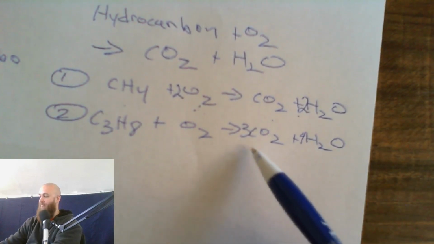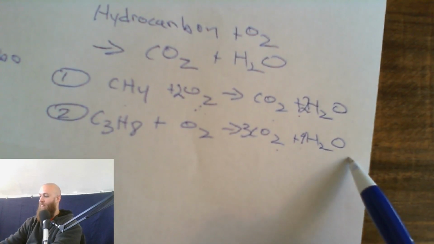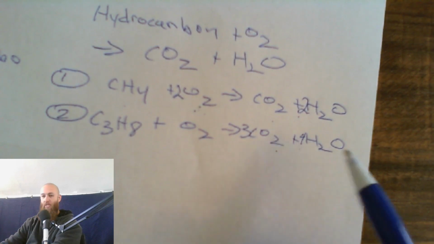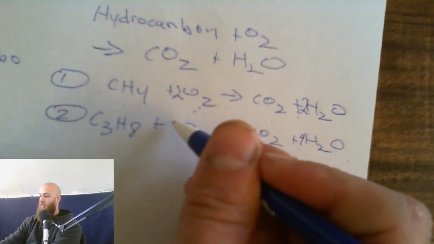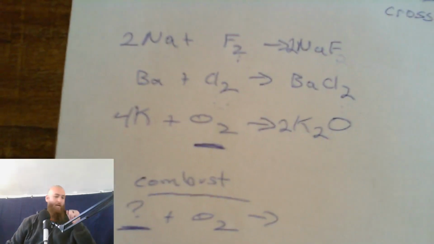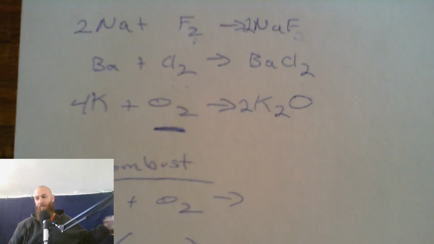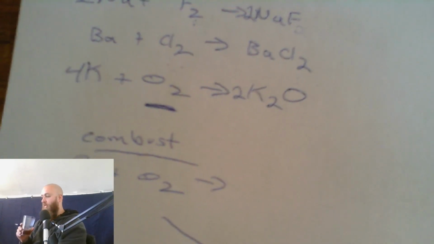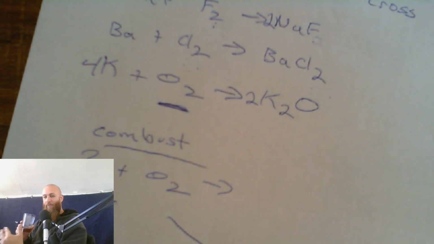On the right, I have 6 plus the 4, so that gives me 10 oxygens on the right. So to get 10 over here, I just put a 5. Okay? So that is combo and combustion. Now let's do decomposition. Those are the easier ones. Combo and combustion are definitely the easier ones, only because of the straightforwardness of it all.